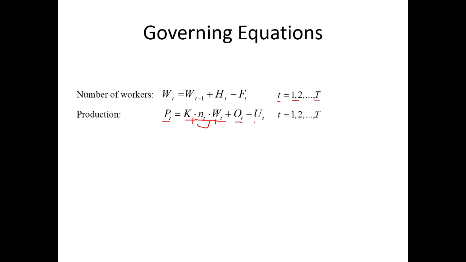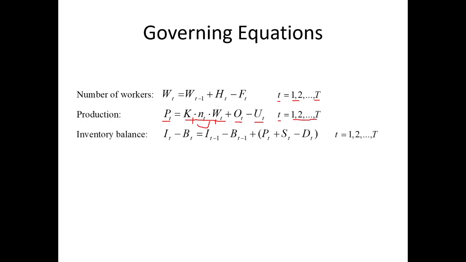So we need to express that using the variable U sub T, which represents the undertime, in the number of units that we did not produce during period T. And of course, this equation will be repeated for all periods from 1 to capital T.